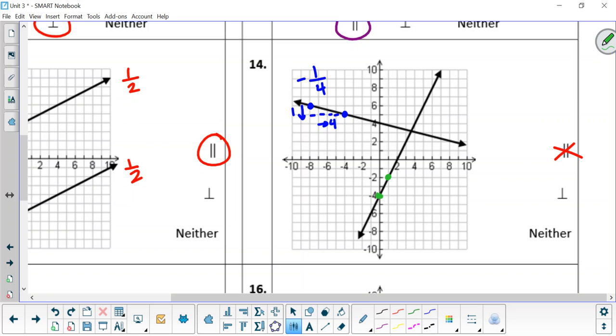We went up 1, 2, and then over 1. 2 over 1 turns into 2. -1 over 4 and 2 are not opposite reciprocals. They're opposite, negative and positive, but if you flip the fraction, it does not give us 2.